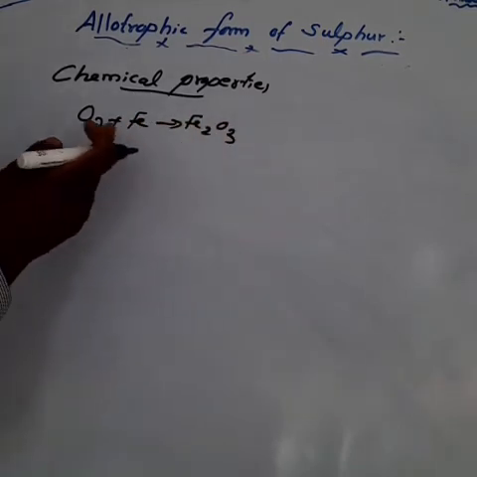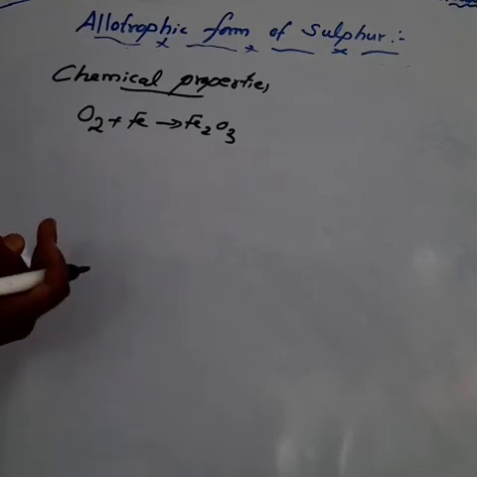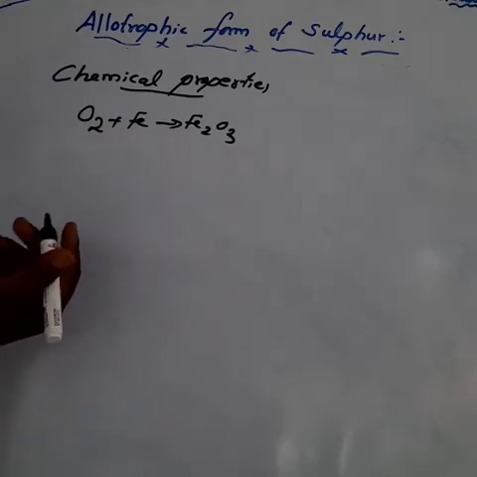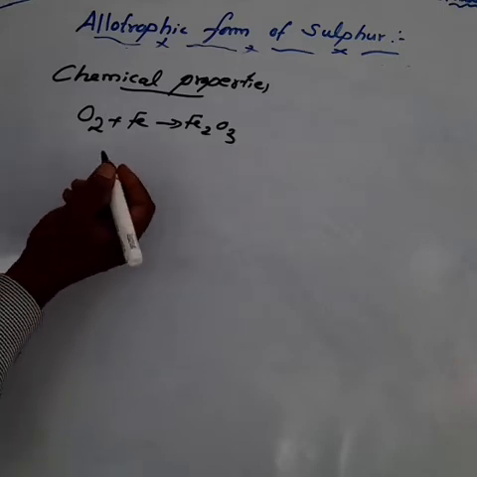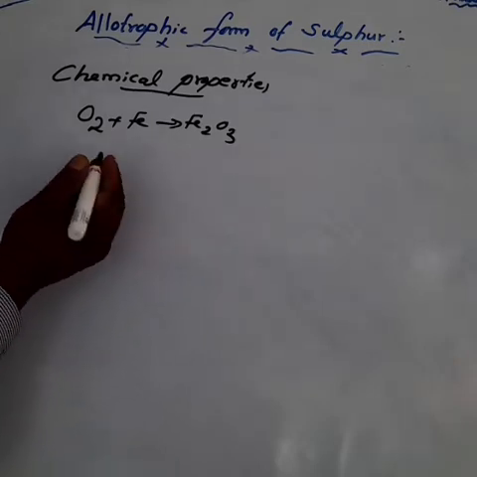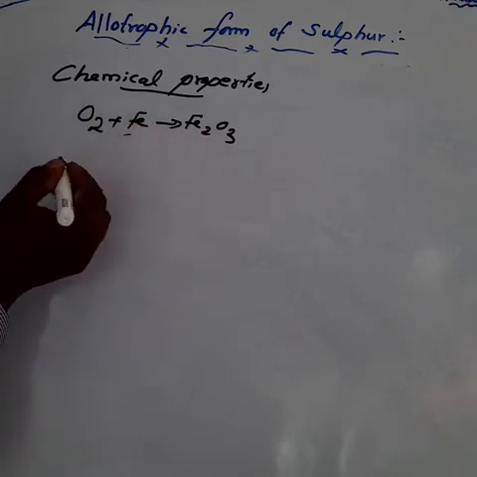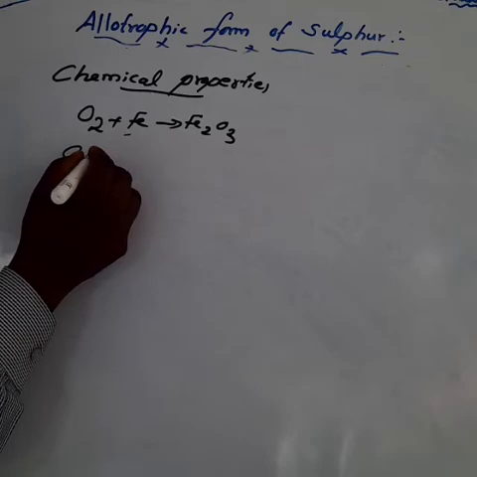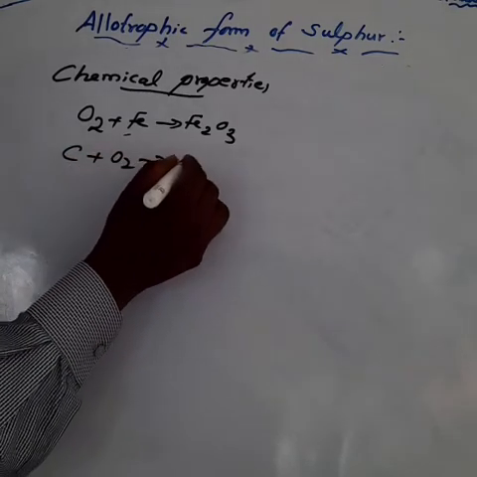Some of the metals, I am taking iron: Fe plus O2 gives Fe2O3. Am I right? Don't learn the equation, just understand it. Oxygen reacts with the metal iron, and we get iron oxide.